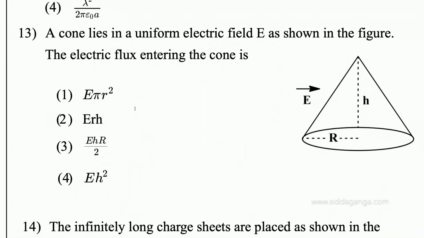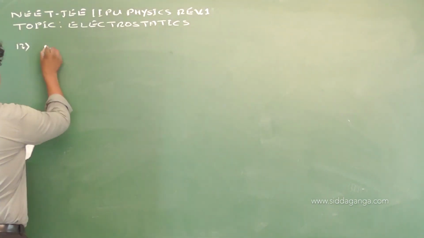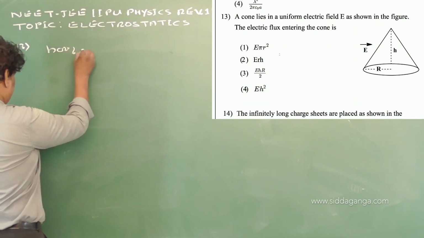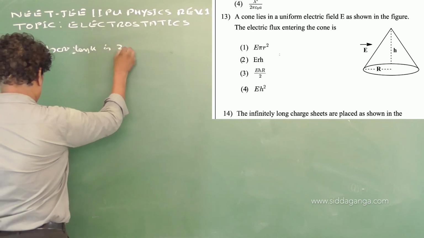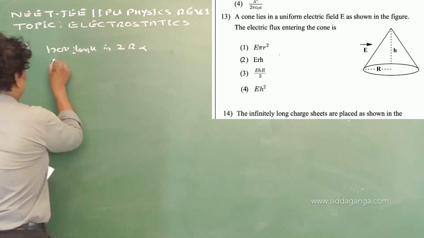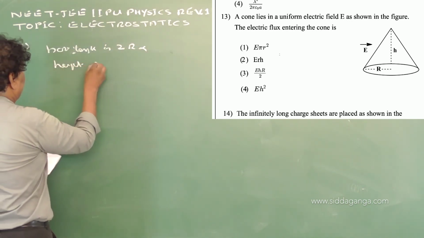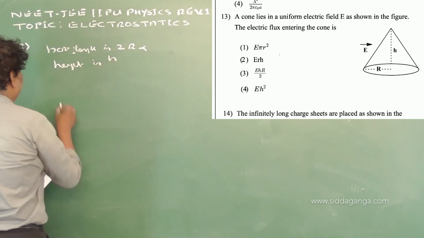Question number 13. A cone lies in a uniform electric field E as shown in the figure. The electric flux entering the cone is? Here, base length is 2r and height is h.